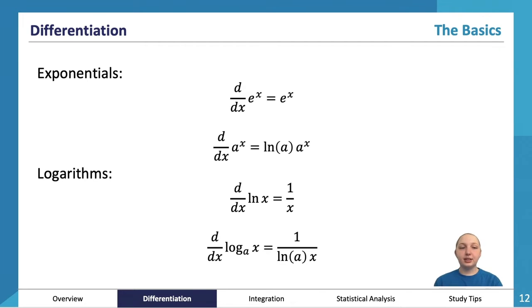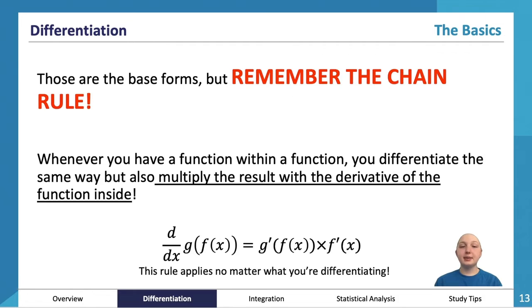The other thing you really need to remember is that these are base forms, but from those base forms, we've got the chain rule. So whenever you have a function that's within a function, you differentiate the same way, but you also have to multiply the result by the derivative of the function inside. So this applies no matter what you're differentiating, whether that's a log, a trig function, just your basic differentiation, an exponential, whatever.